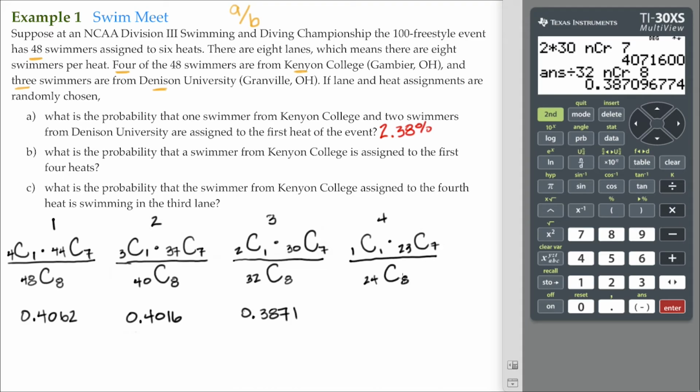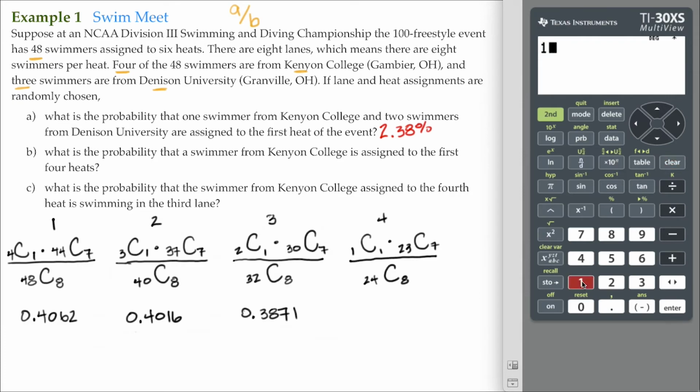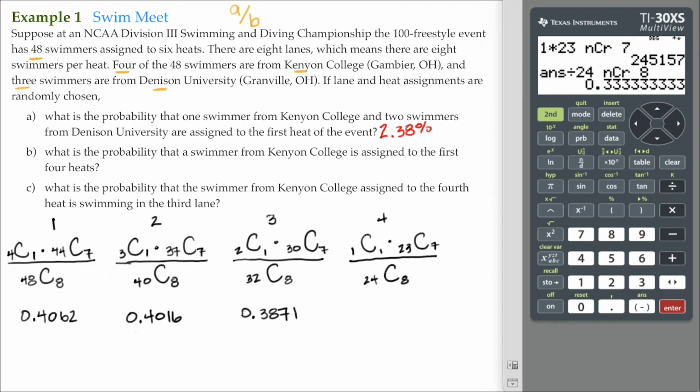And 1 and 7, that's 8. 1 choose 1, you know that as 1. You don't necessarily have to type that in, but we'll do it anyways. 1 times 23 choose 7. We'll divide by 24 choose 8. And look at that, 0.3333.